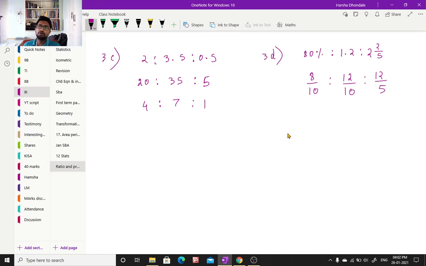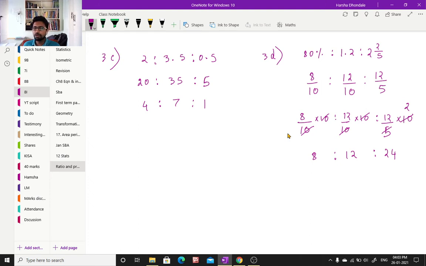So I'll multiply all the three fractions with 10: 8 by 10 into 10 is to 12 by 10 into 10 is to 12 by 5 into 10. This cancels. 5 ones are 5, twos are. I'm left with 8 is to 12 is to 12 twos are 24.